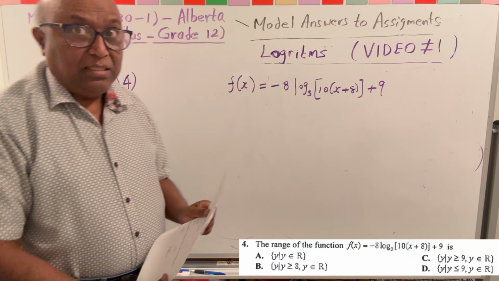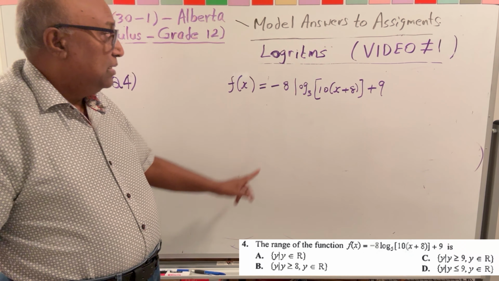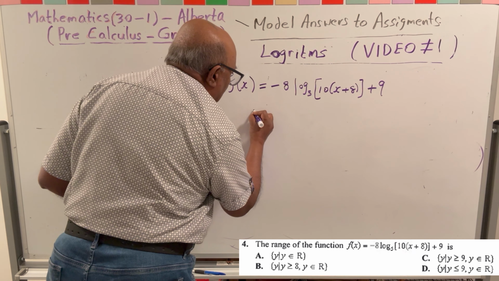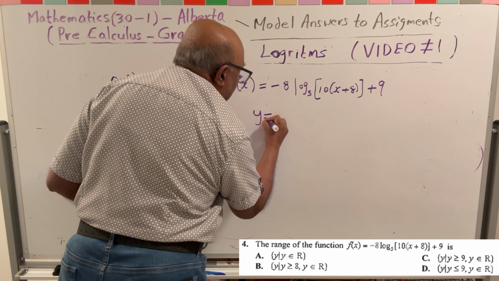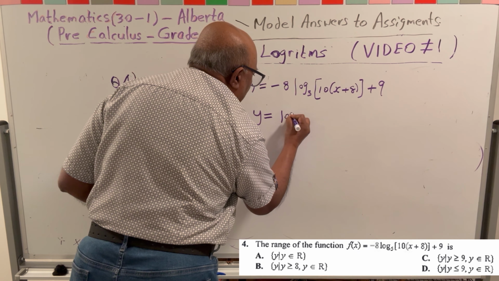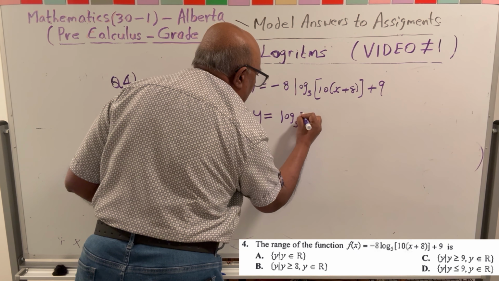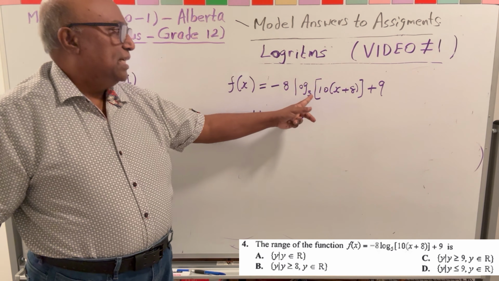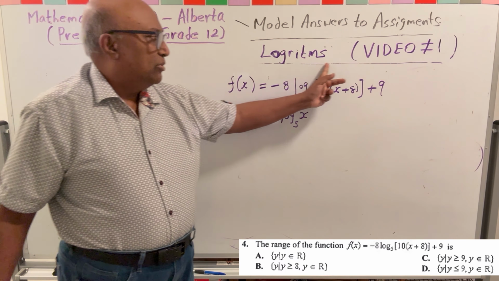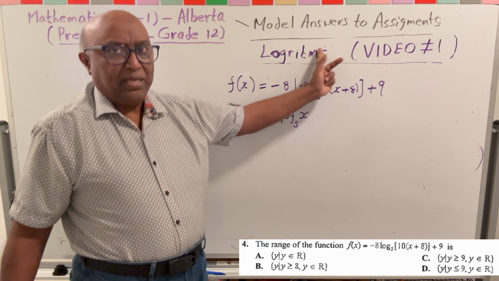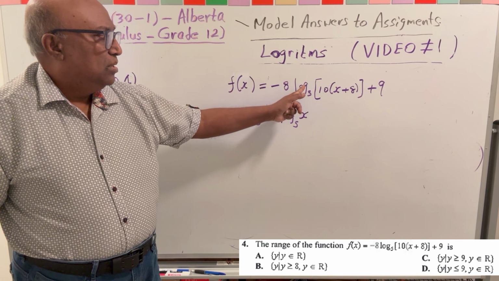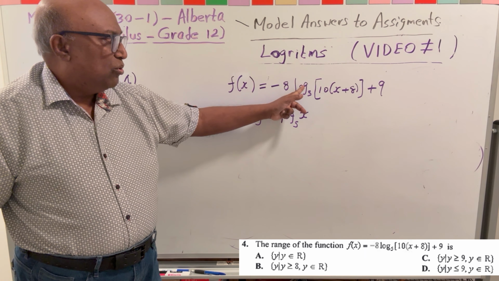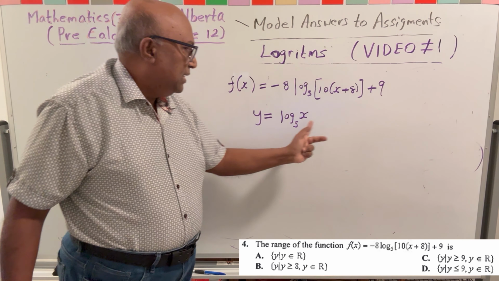Actually, this graph starts from the basic logarithm function, that is y equals log base 5 of x. By looking at this, we are able to understand the basic graph: we have to look at the log part, log base 5, and take the same log base with the basic argument x.